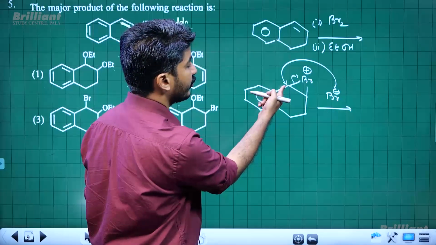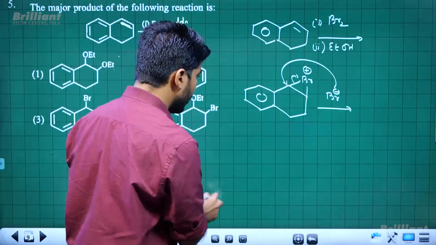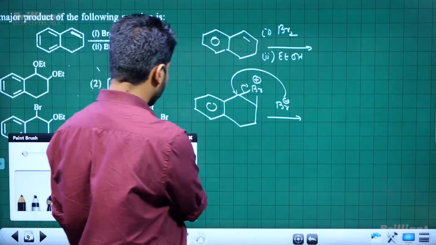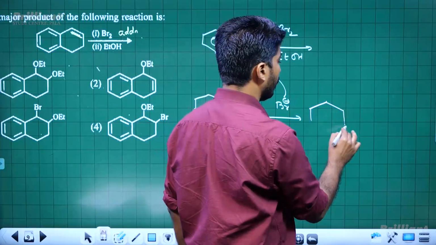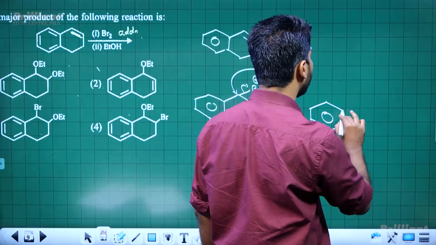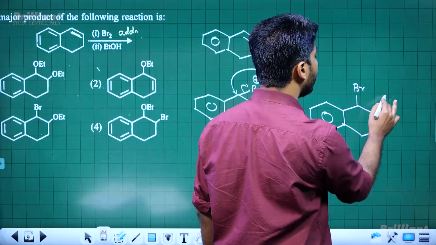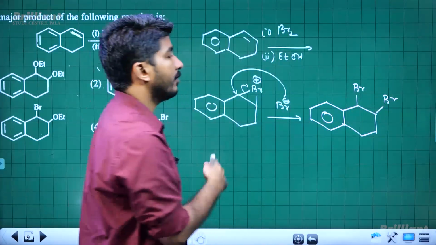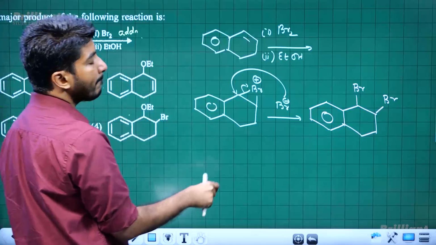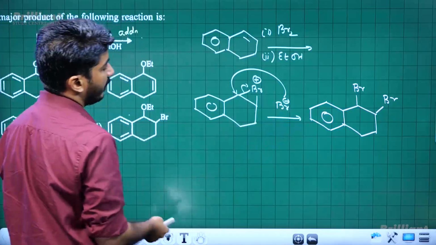This is a benzylic position, so there positive is more stabilized. Therefore, the nucleophile preferentially attacks on that carbon. But it doesn't matter if Br attacks there or here, the product will be the same. A vicinal dibromide is obtained.